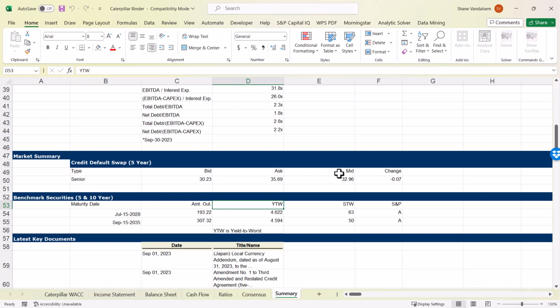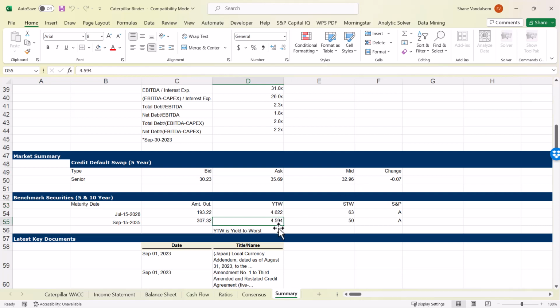For example, if the bond is convertible. And so the yield to worst is the lowest return that an investor will receive, if they held it to the call date, or if it's converted, or if the investor holds it to maturity.